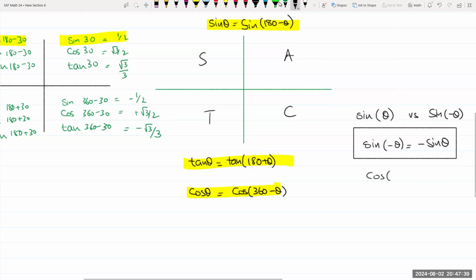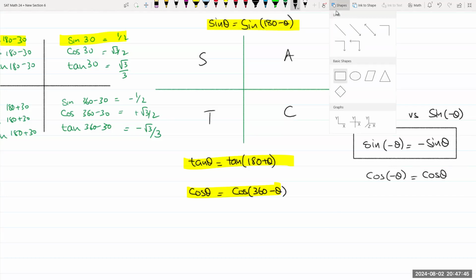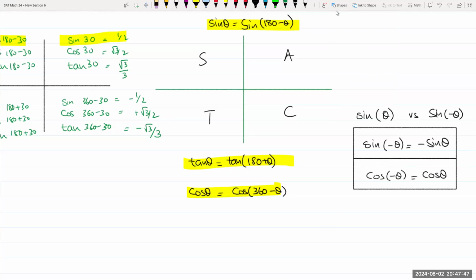Cos of minus theta is the same as cos theta. Another small fact that you need to know, because we're talking about minus theta. Minus theta is if you move in the clockwise direction, you move below the x-axis. If you go above the x-axis in the anti-clockwise direction, the angles and trigonometric ratios are positive.